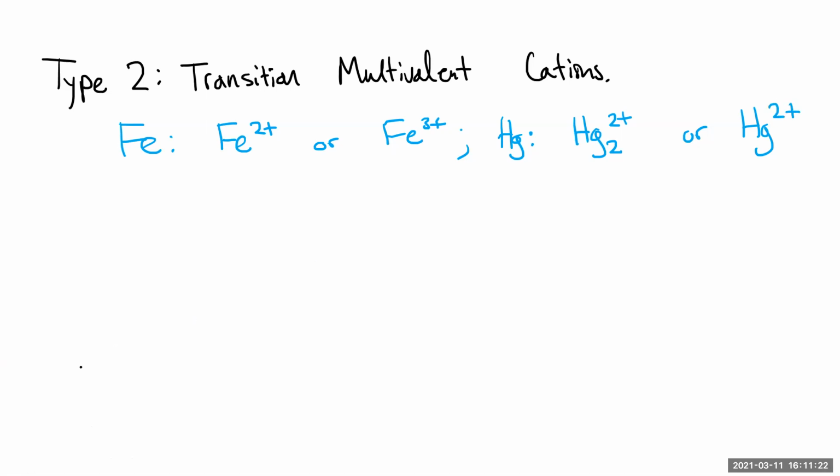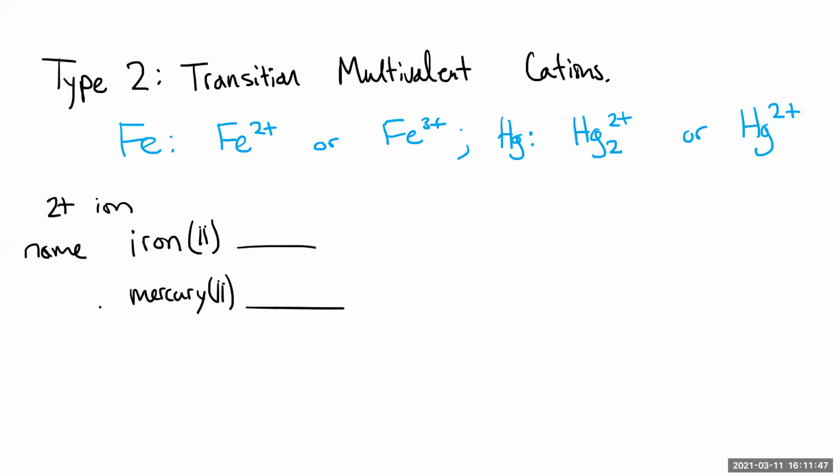Now, when you look at compounds made of these, if it was utilizing your 2+ ion, then the name would be, of course, here it becomes iron 2 or mercury 2, followed by whatever anion is associated with it.